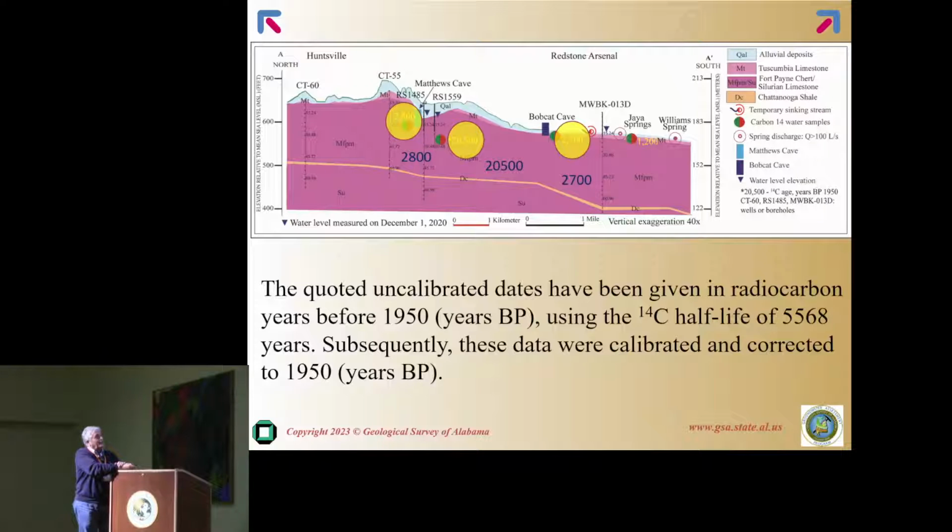Subsequently, these data were calibrated and corrected to 1950. And surprisingly, the age of the water in the well came out to be over 20,000 years old. In those two caves it was 2,800 and 2,700, and in Yaya Spring about 1,000.